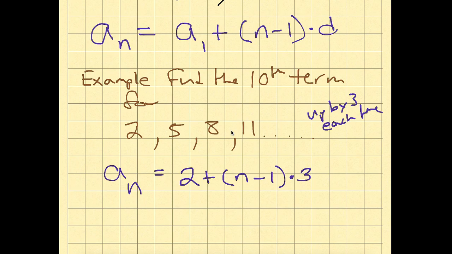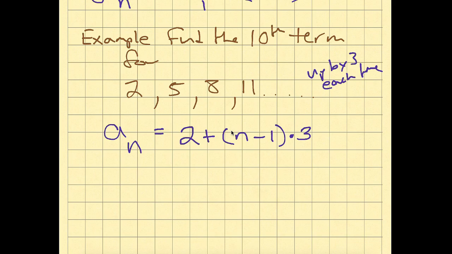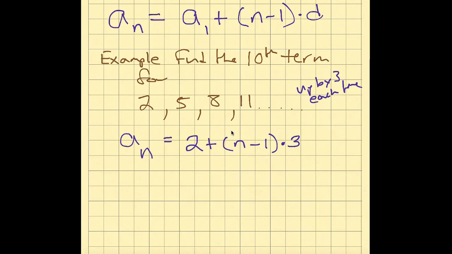So times 3. So then if you just wanted to figure out, well, what's the 10th term? All we would need to do is a sub 10 is equal to 2 plus 10 minus 1 times 3, or 2 plus 27, or 29.